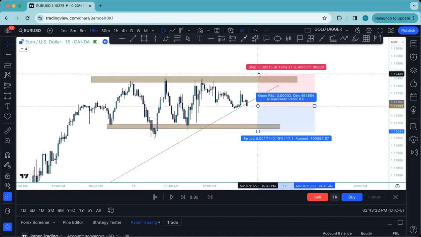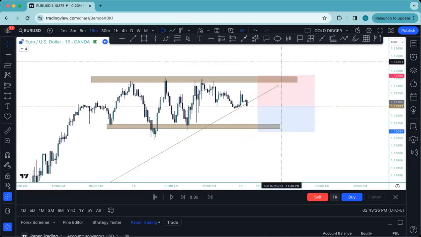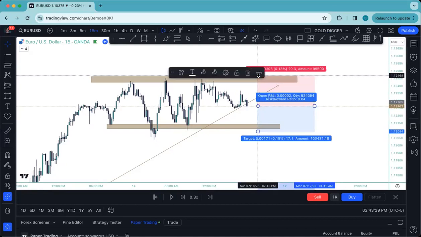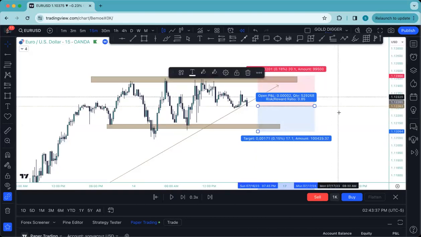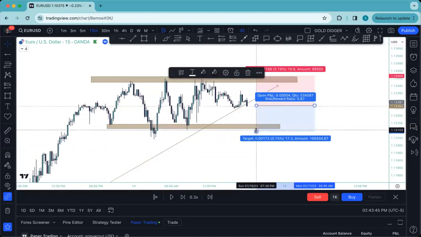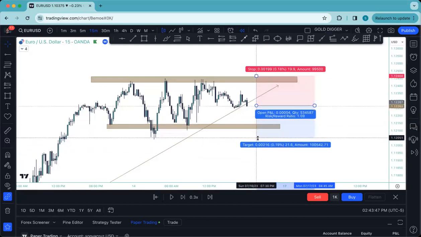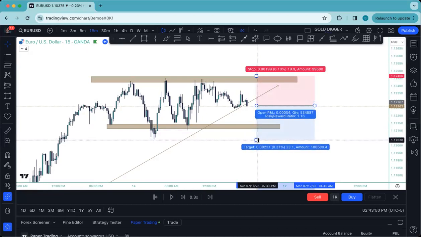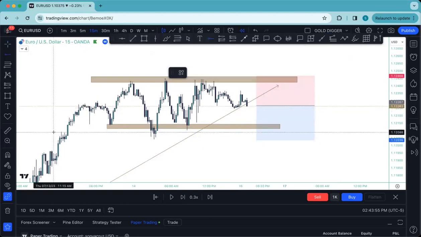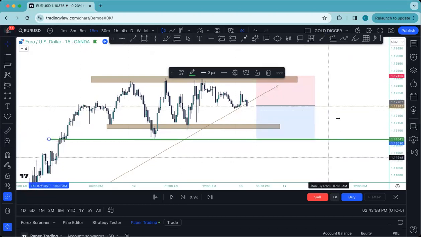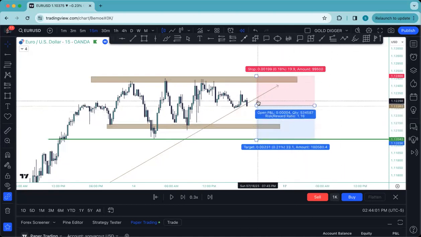So a safe bet would be something like right there. Something right there, about a 20 pip stop loss. So let's just see. That's not even a 1-to-1, but I would probably take it to somewhere down there. This market structure right here. See that? And that gives you about a 1-to-1.